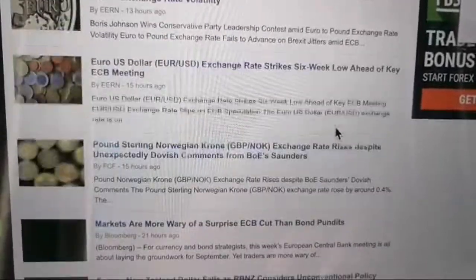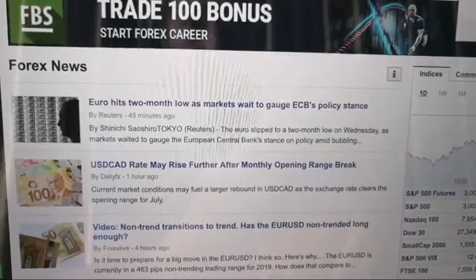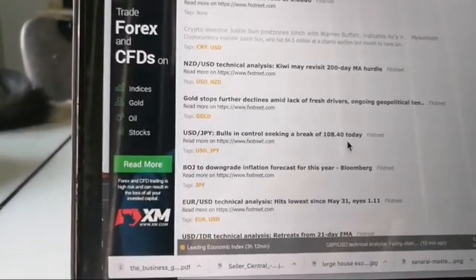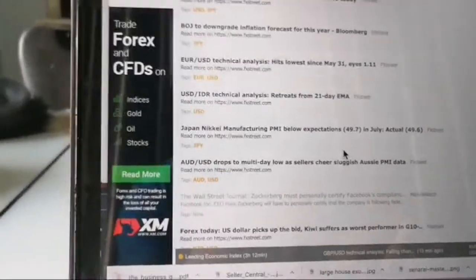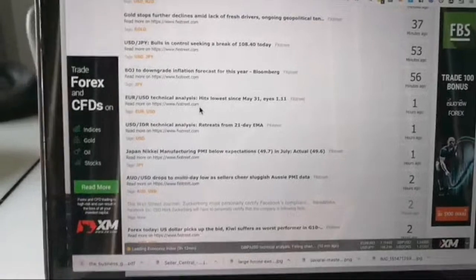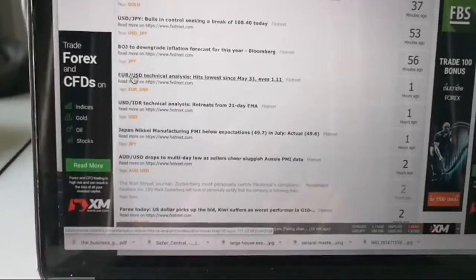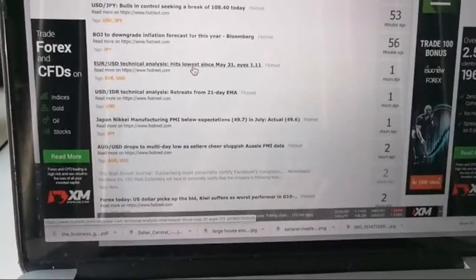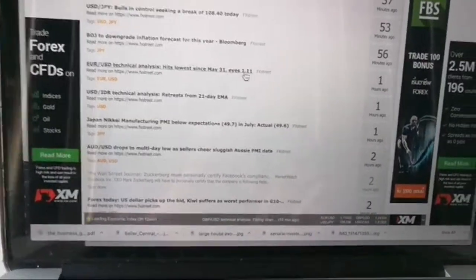Basically this feed is constantly updated, so I look at one or two different feeds to get some ideas of what to do. If you haven't already started looking at this stuff, I highly recommend that you do. Over here it says there's some technical analysis, but generally I like to do my own. It's the lowest since May 31st at 1.11.